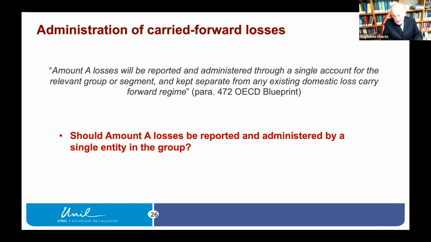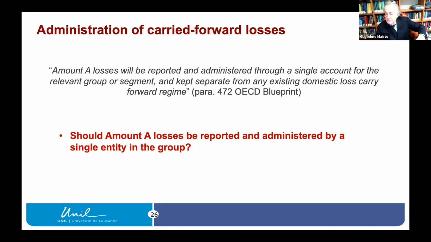And if that is the case, then I would find it desirable to have the possibility to administer the losses at the level of a single entity in the group. Although many commentators have taken the view that, to facilitate the administration, one entity only should manage the losses carried forward, I think that in some situations it would make sense to have the administration made at the local level as well.